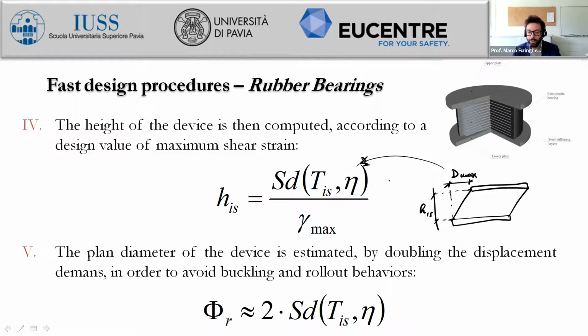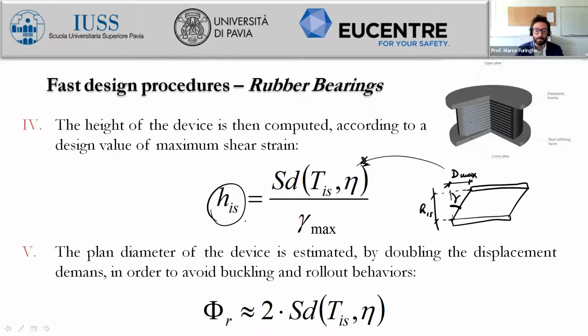The ratio between the displacement and the height is this angle here, which is gamma, which is actually the shear strain. So according to this definition, we can come up with the first geometrical quantity, which is the height of the device.